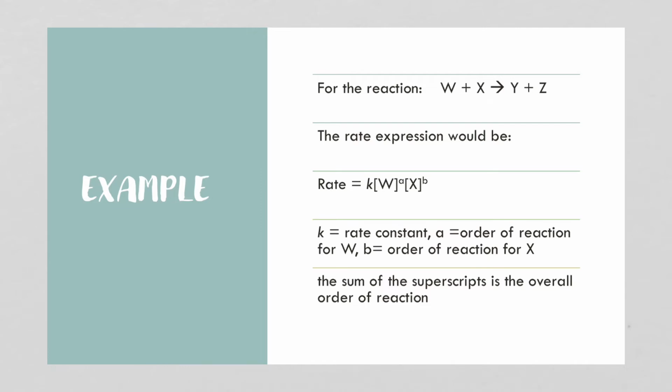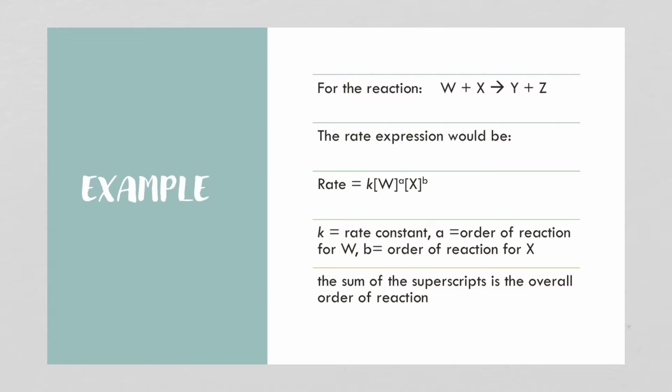So if we imagine the reaction W plus X makes Y plus Z, the rate expression would be rate is equal to a small case k times the concentration of reactant W to the power of little a times the concentration of X to the power of little b.